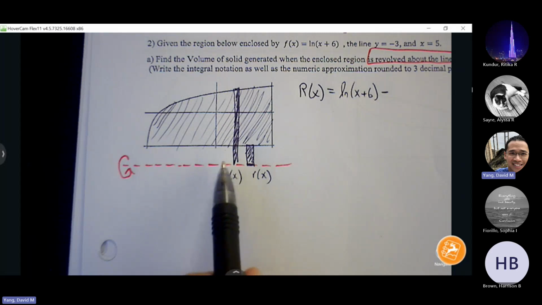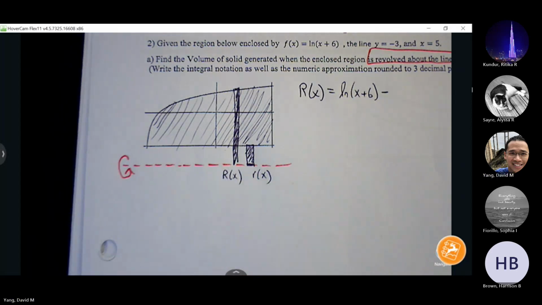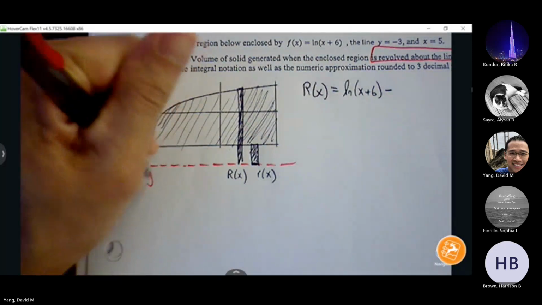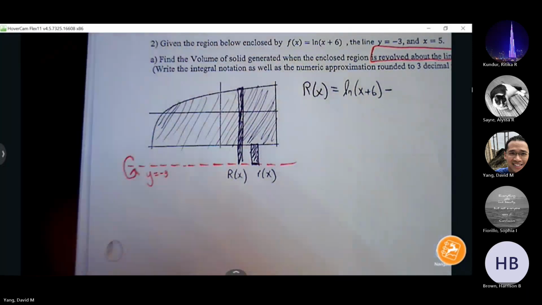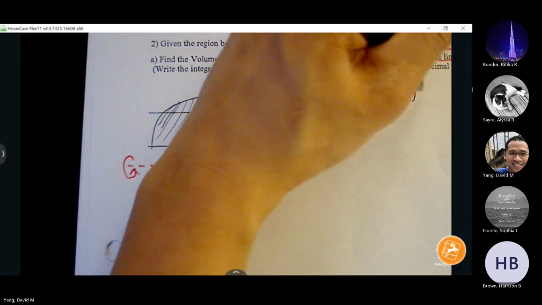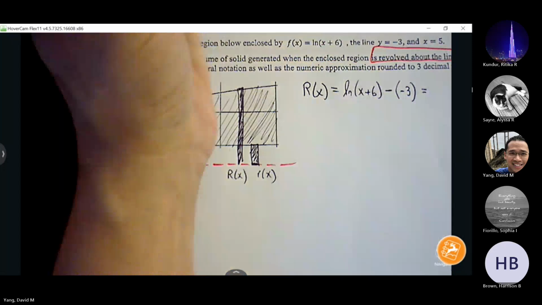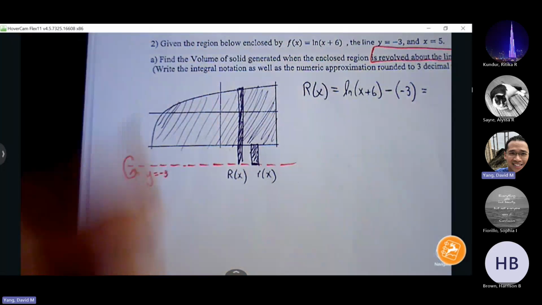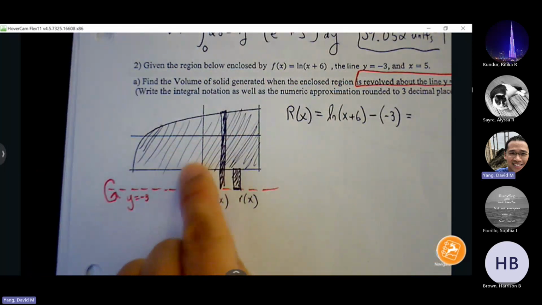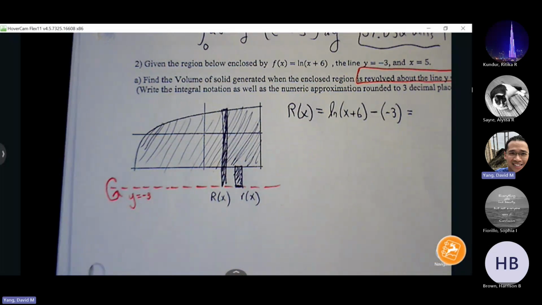The dotted line is y equals -3. Oops, sorry, -4, my bad. The bottom of this line is -3, but this is y equals -4.